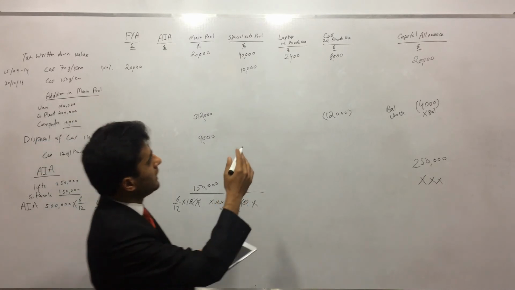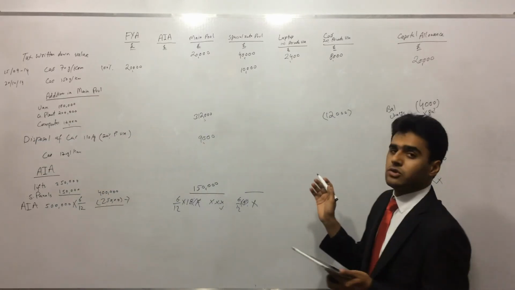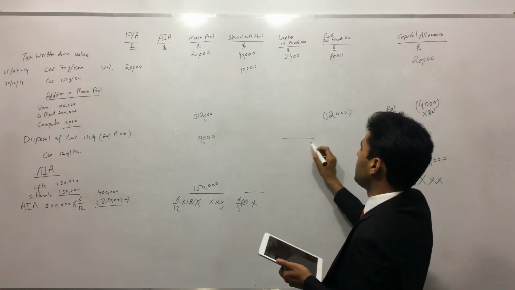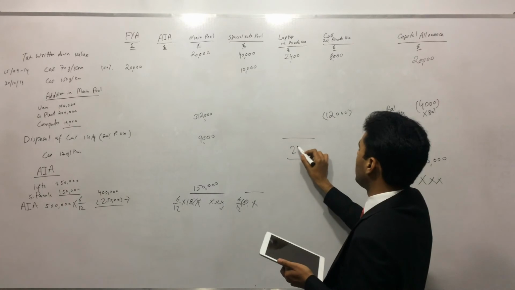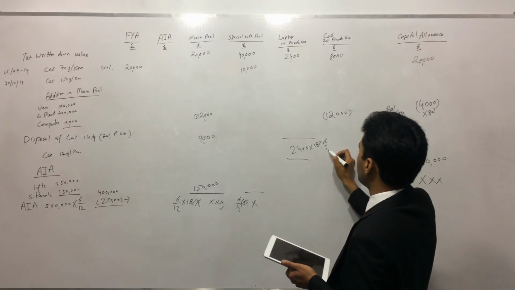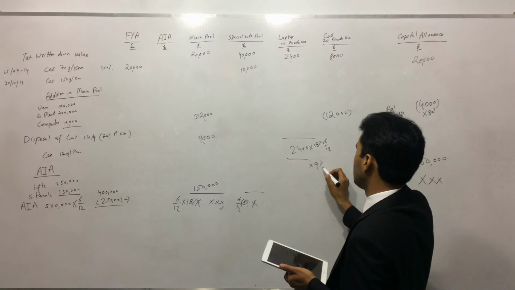All right. Now this one here, laptop, which has a private use, £2,400. This will only take 90%. So £2,400 multiplied by 18% into 6 over 12. Whatever it is, we will only take 90% of that.